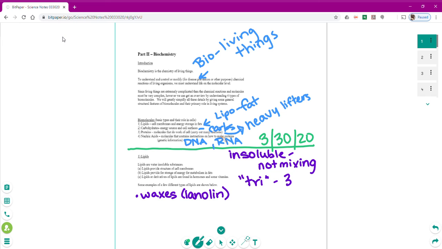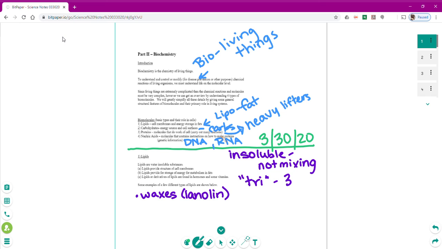All right. So, what's one of the differences between fats and oils? Well, oils are typically liquid at room temperature, right? If we think about oil, like vegetable oil, we think about it being in a bottle. We can pour it out.